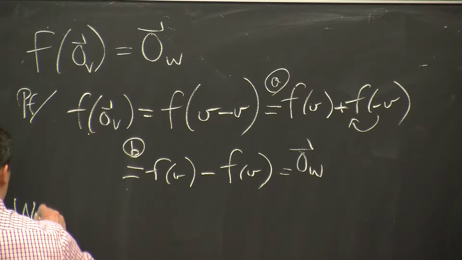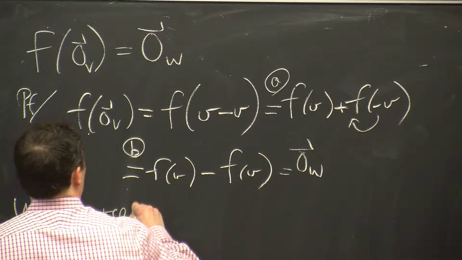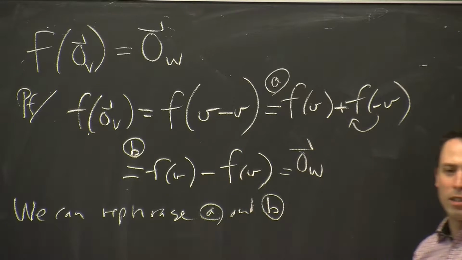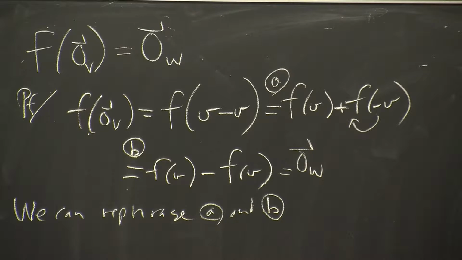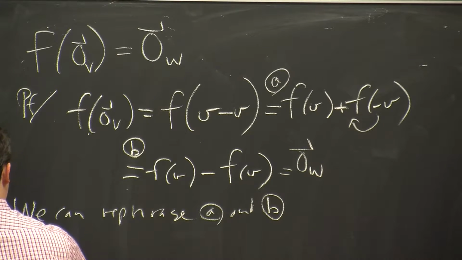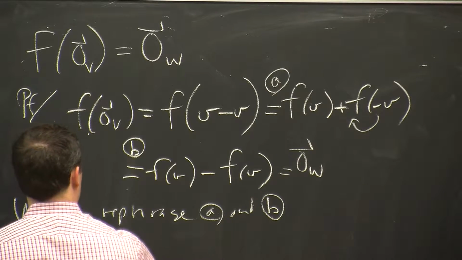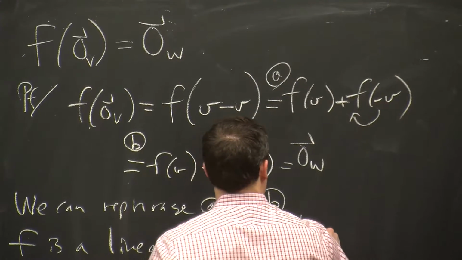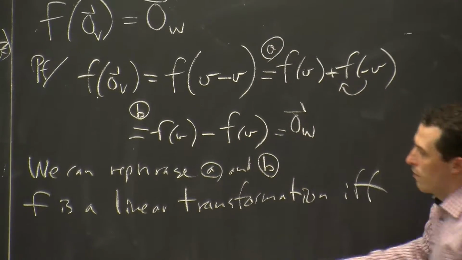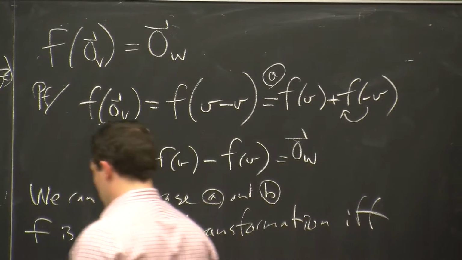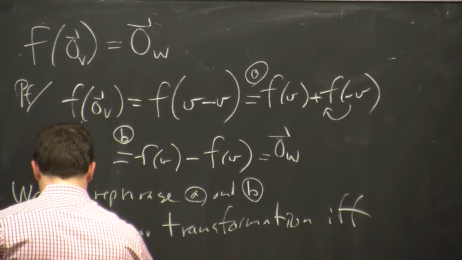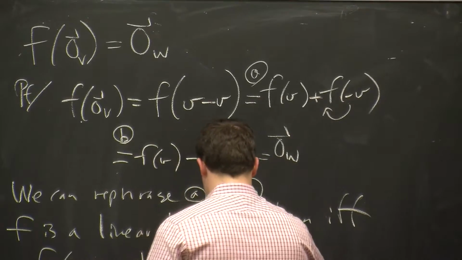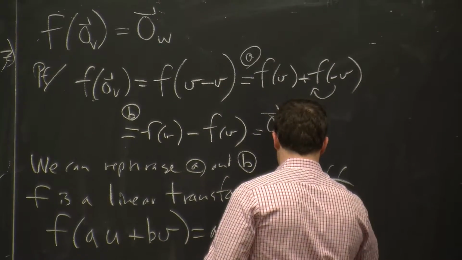Another observation is that we can rephrase or combine A and B in various ways, some of which are more convenient than others, depending on what it is you're trying to prove. So f is a linear transformation if and only if, well, it satisfies that definition, but also I could use the definition f of au plus bv equals a f of u plus b f of v.